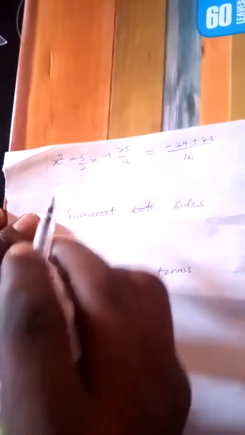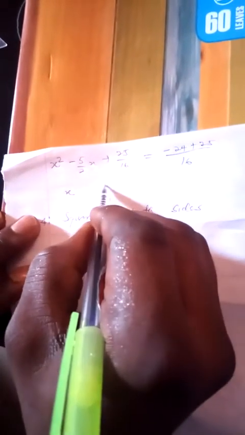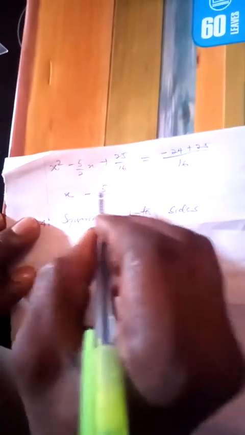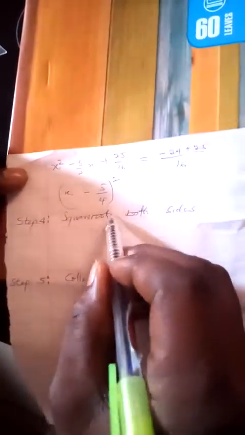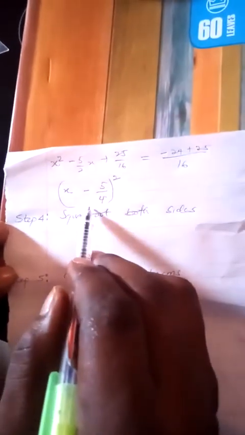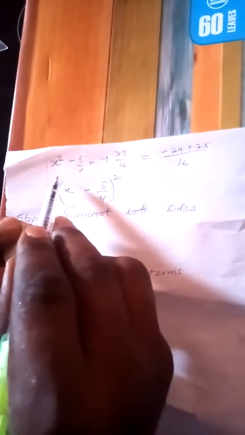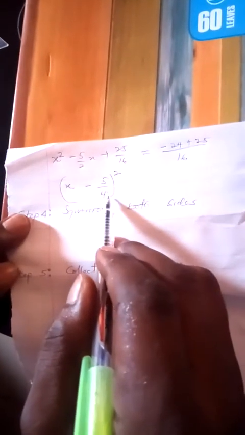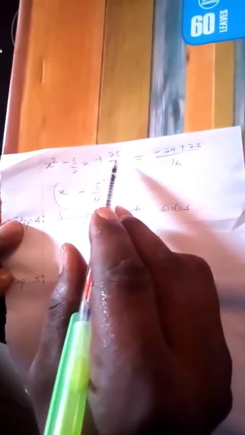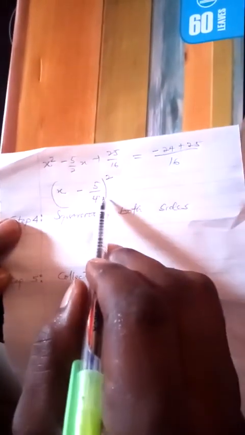At this point, the left side will give us a perfect square. When we factorize this side, we get this perfect square. So what we add to both sides is what makes the expression a perfect square.